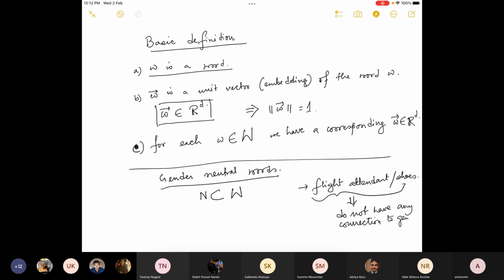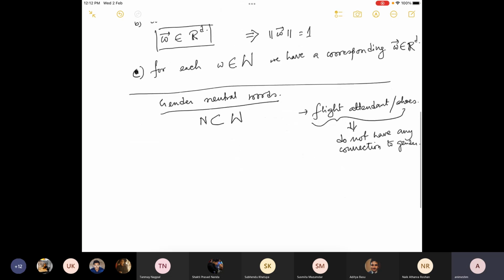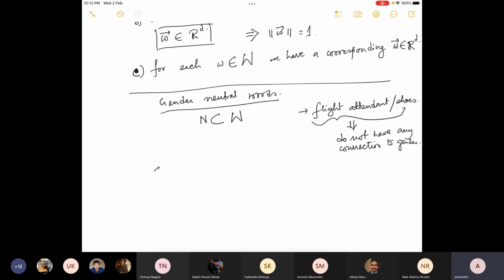Now the size of any set S, we shall indicate by mod of S.